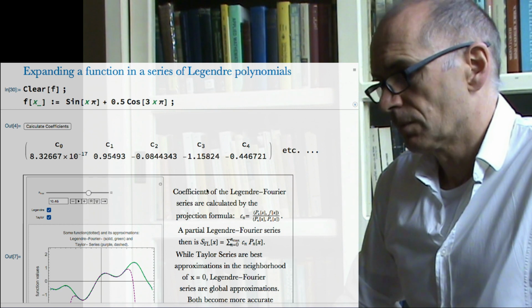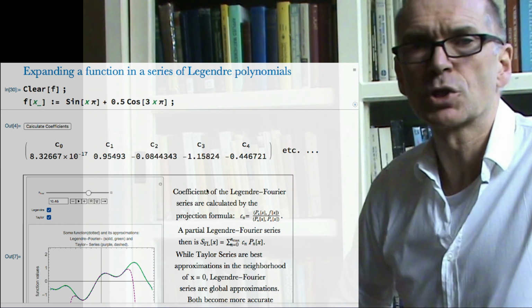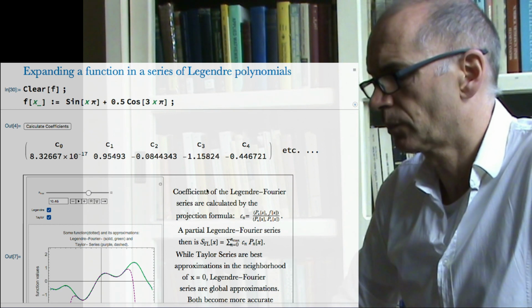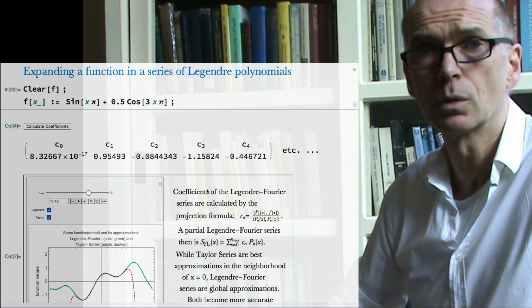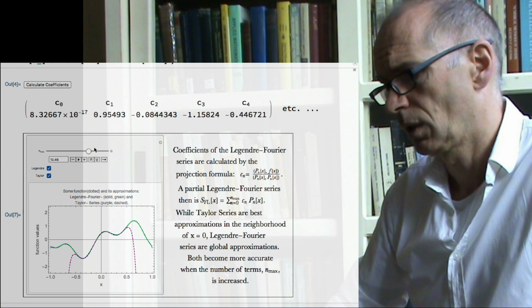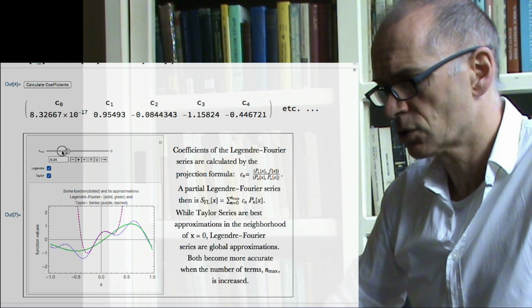So that is the idea of expanding a function in a series of Legendre polynomials, and I already used the word trend, and that will come back in the next slide.